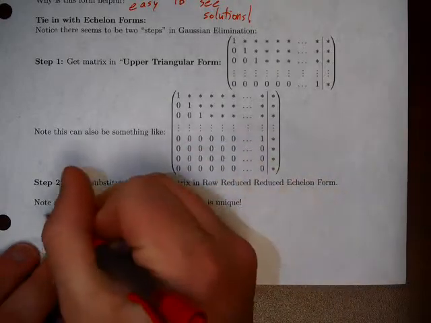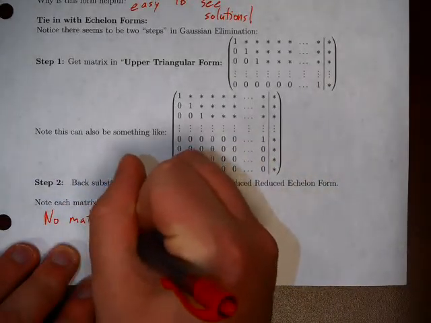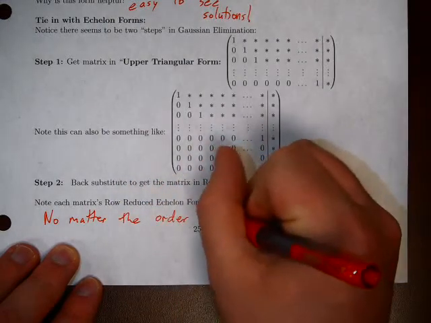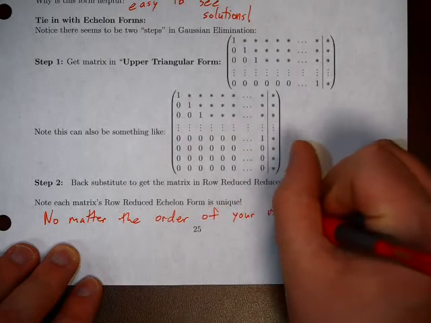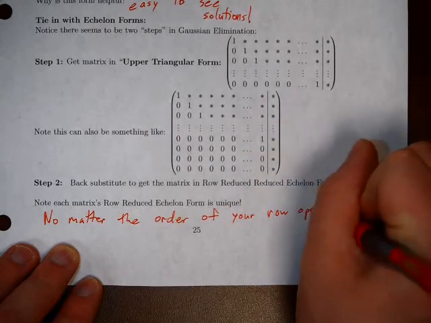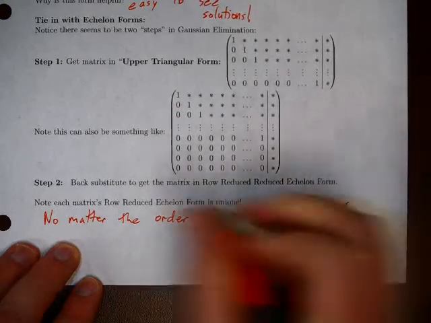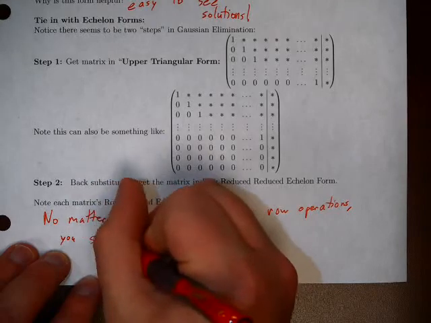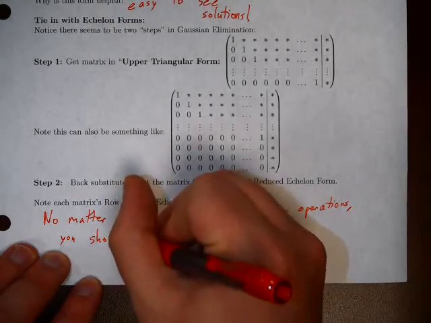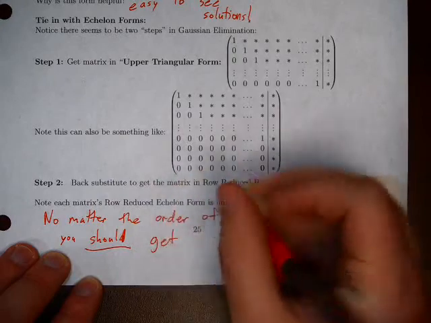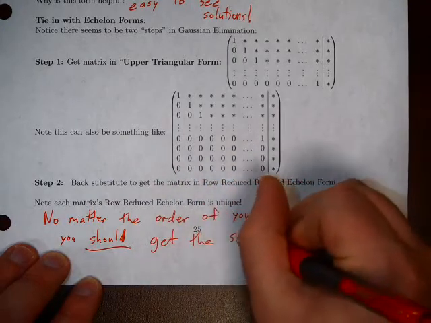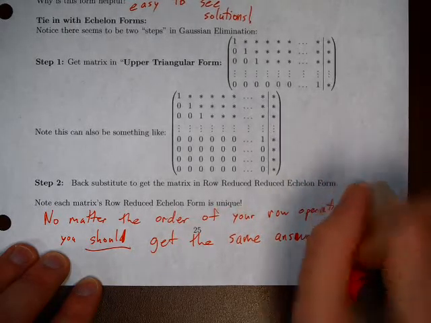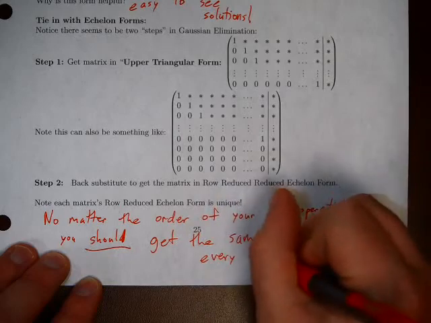What this means is that no matter the order of your row operations, you should, put an underline on should here, get the same answer every time.